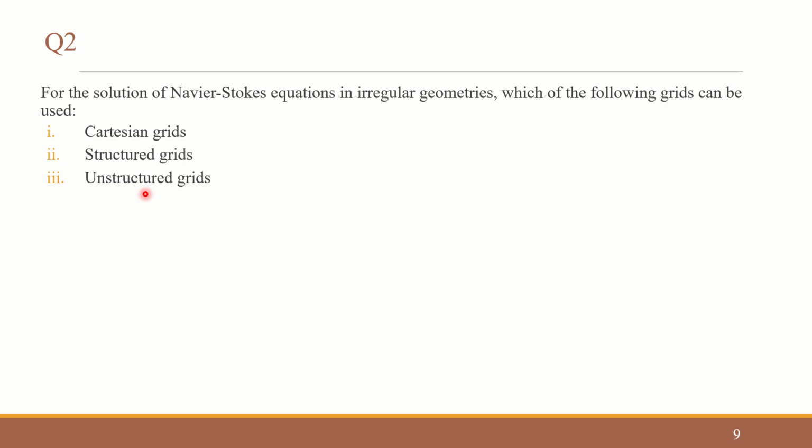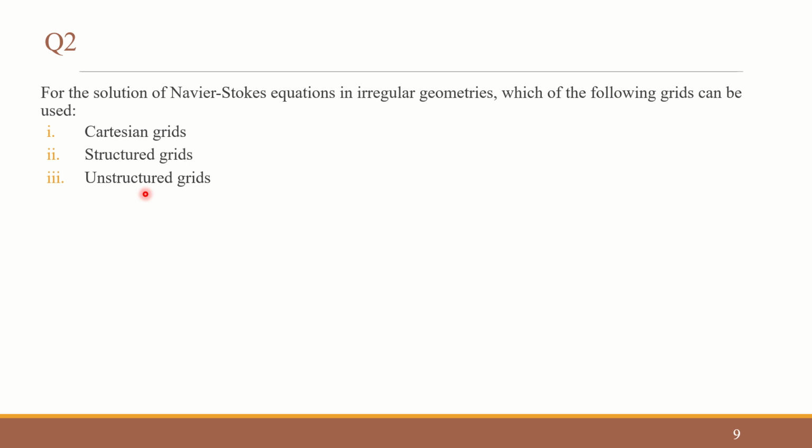When irregular geometries are our domain of interest, we cannot always get it using a proper thing, like Cartesian grid is impossible as I mentioned, and the next ones are structured grids and unstructured grids. In structured grids you will get the grading, but it will be a bit tricky, and you need to know in which angle you need to mesh to get the proper structured meshing.